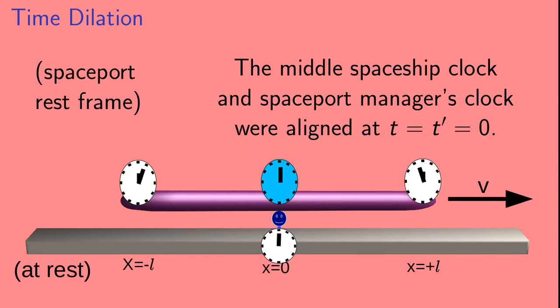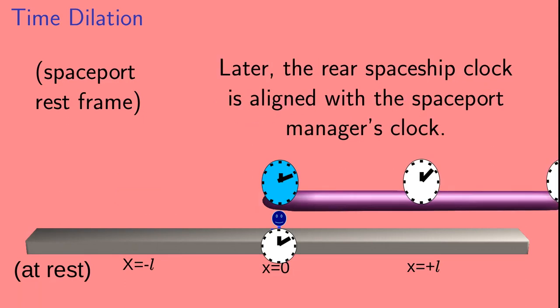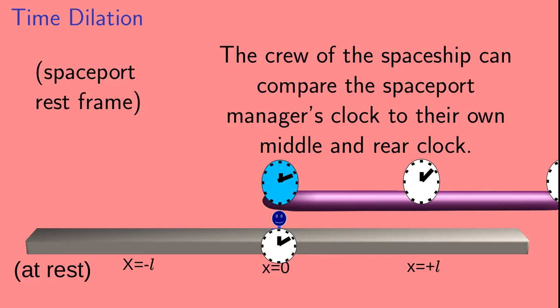The middle spaceship clock and the spaceport manager's clock were aligned at t equals t prime equals 0. Later, the rear spaceship clock is aligned with the spaceport manager's clock. The spaceship crew can compare the spaceport manager's clock to their own middle and rear clock at these two spacetime points.